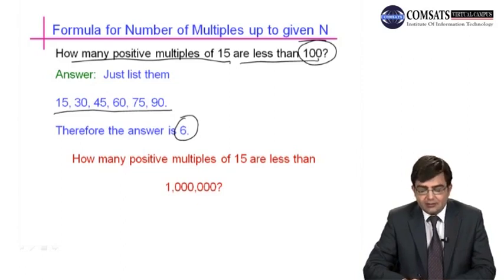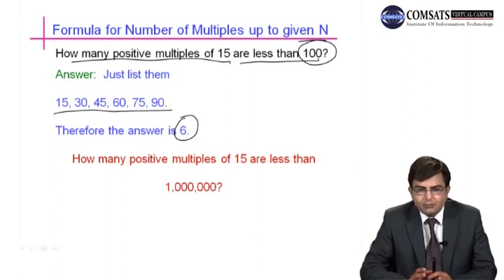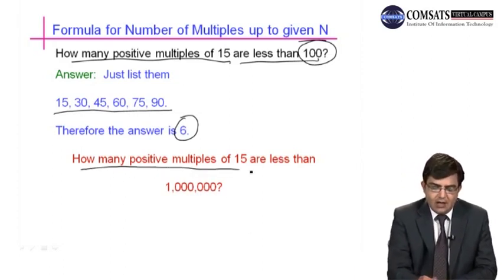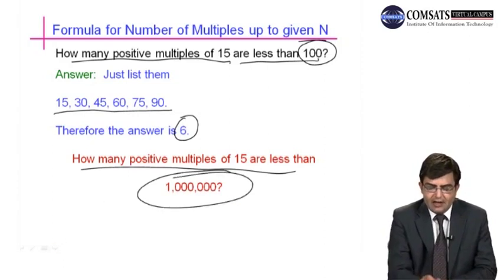But there are situations where we need the multiples of some number which are less than some big number. For example, how many positive multiples of 15 are less than this?